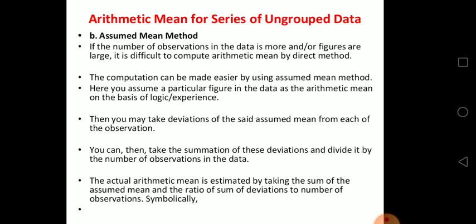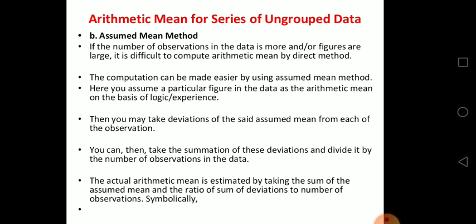Here you assume a particular figure in the data as the arithmetic mean on the basis of logic or your own experience. Just choose one out of the observations or data that is available based on logic or your own experience. As we go on, I'm going to tell you the tactics of choosing the assumed mean.